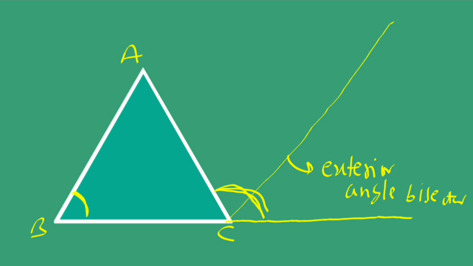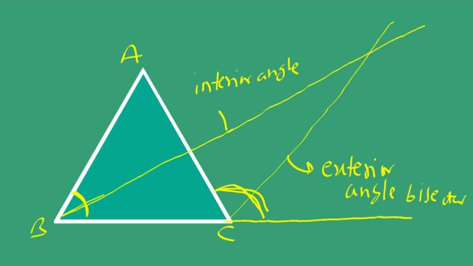Now I am drawing an interior angle bisector, the bisector of angle B, called the interior angle bisector. Now suppose at this vertex A the angle is theta.